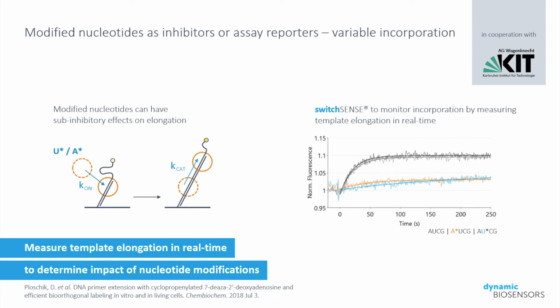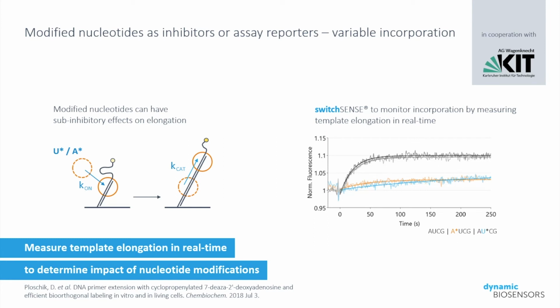As opposed to conventional in-solution assays, where you would need a readout requiring labeling, in our case, the readout is the fluorophore, which is already on the template DNA. Therefore, it is easier to make a correlation of the polymerase activity with the readout. With the advantage of switchSENSE technology, you are given the possibility to work with unmodified nucleotides.